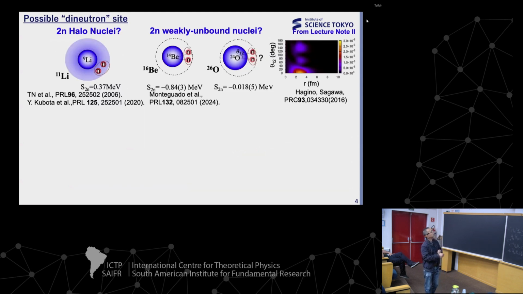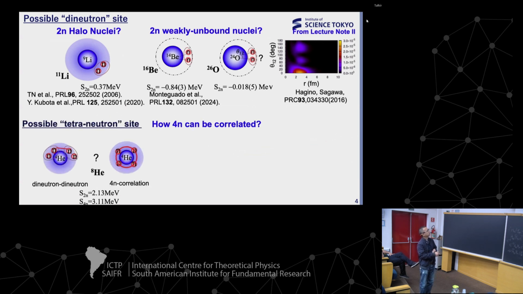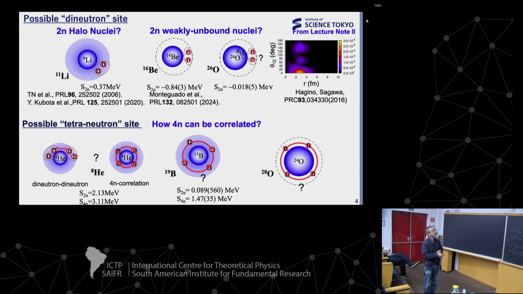So this was also discussed already. This is about dineutrons, and this is about 4 neutrons, helium-8, and then oxygen-28, which we discussed here also.